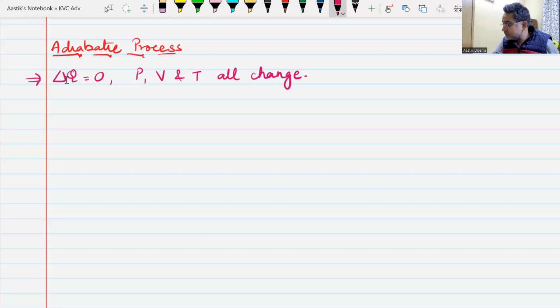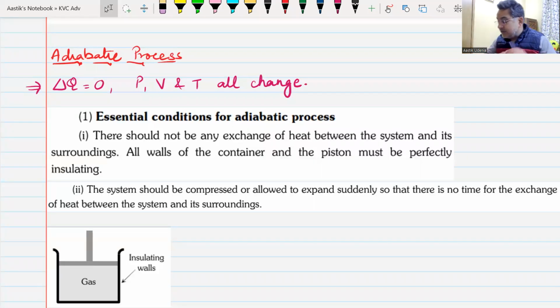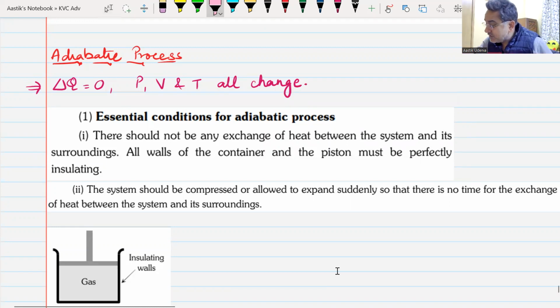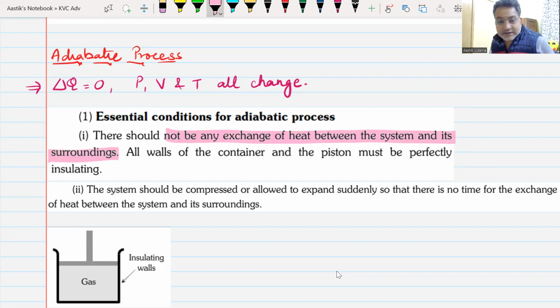The process in which walls and piston are non-conducting. Yes. The process must take place in an environment which is perfectly non-conducting. Since it is non-conducting, there cannot be any heat exchange between the system and its surroundings.